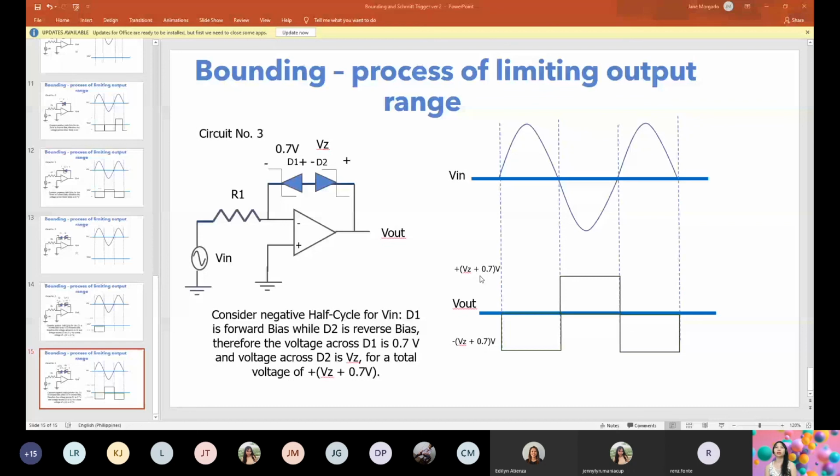And then differential amplifiers, instrumentation, integrator, differentiator. Those are the major topics. Comparators, bounding, Schmitt trigger are not included in unit exam number 2. We'll have it next week.